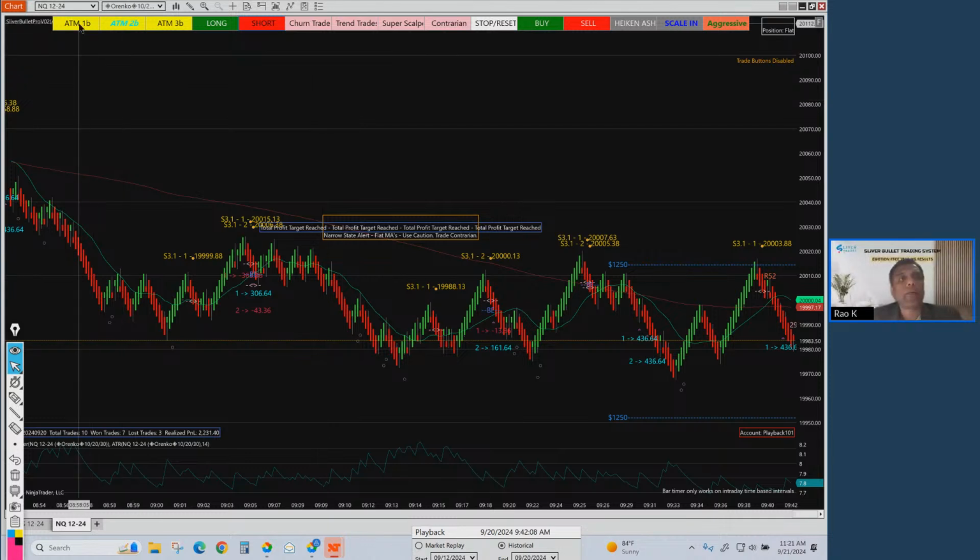Light version will have only one ATM, only one strategy, no other strategies. It will not have scale in, it will not have aggressive mode. It will be just basic, so that people can get a feel of it. So I had considered once, but I had not done that.